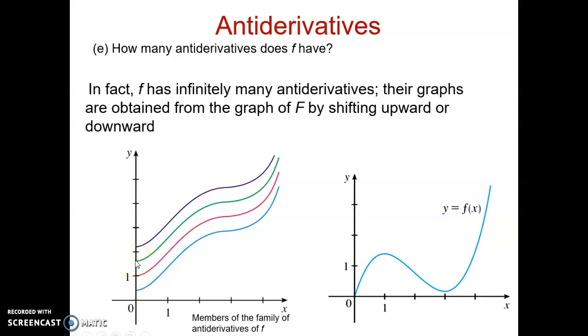We could start at 0, 1.5. We could start at 0, 2.25. And notice the graphs will all have the same general shape. All of these functions will have little f as its derivative. So the members of the family of antiderivatives is many, many different graphs, infinitely many graphs, all looking like that same general shape.